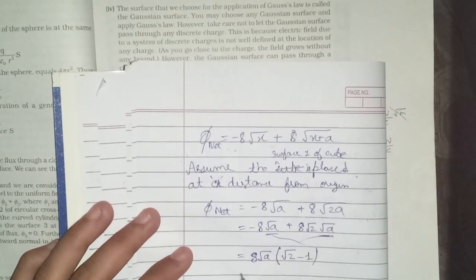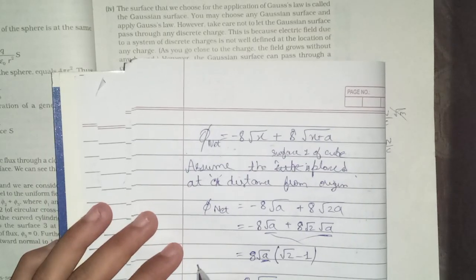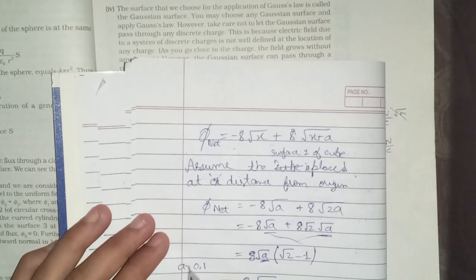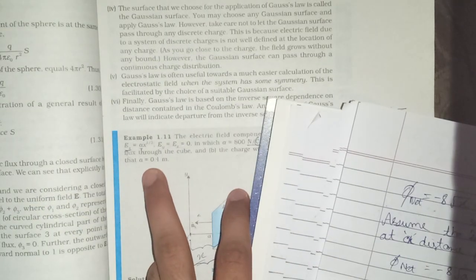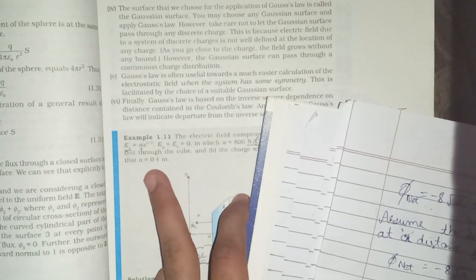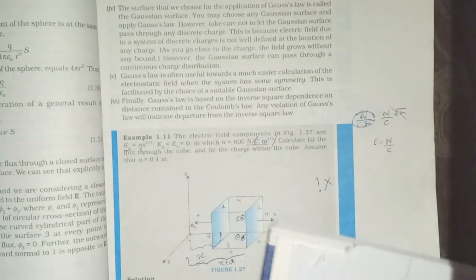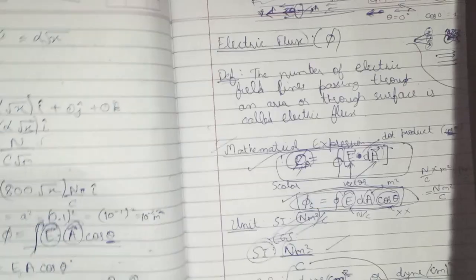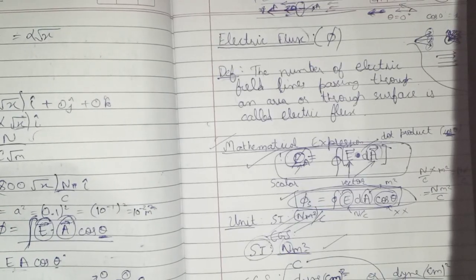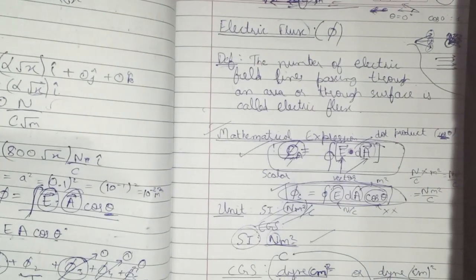Okay, now root a is 0.1 meter. Wait, was it wrong? No, correct.